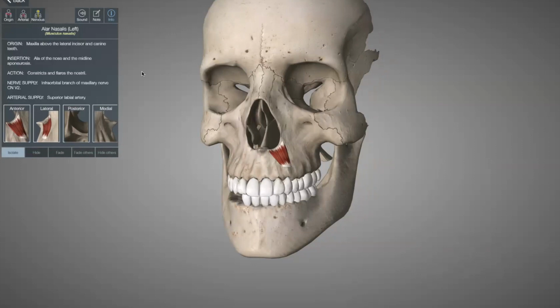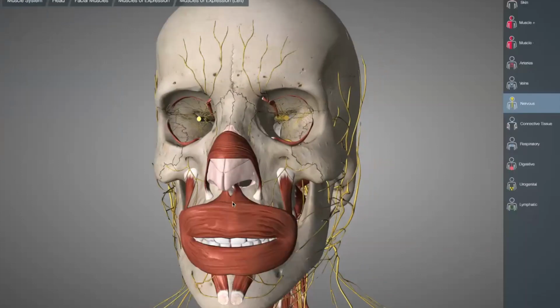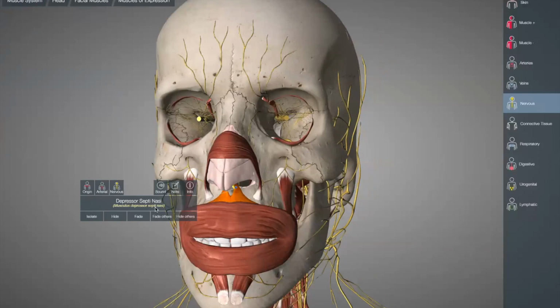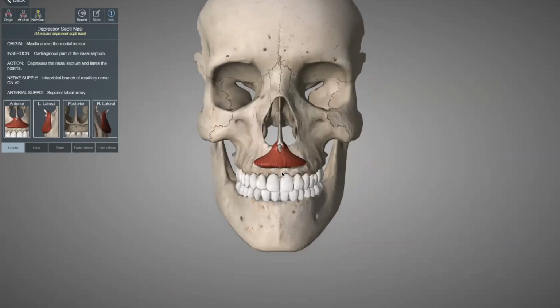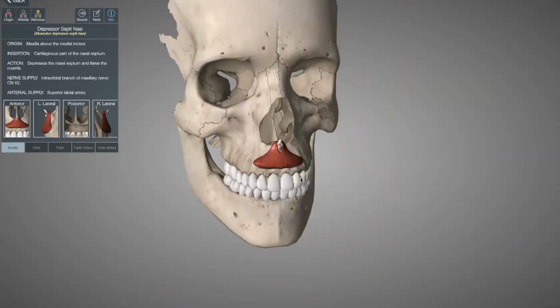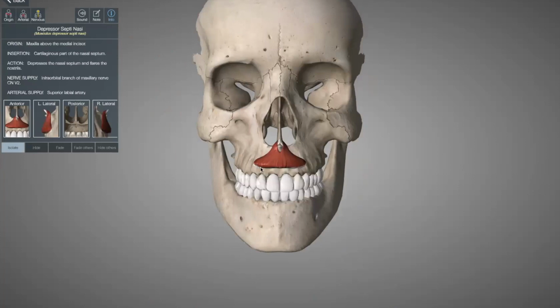We have one more: depressor septi nasi. It originates from the maxilla above the medial incisors.